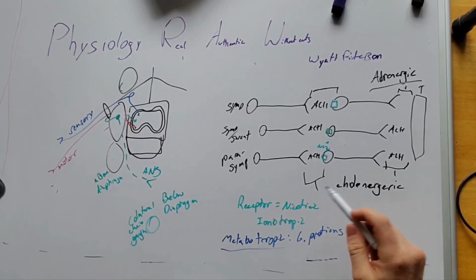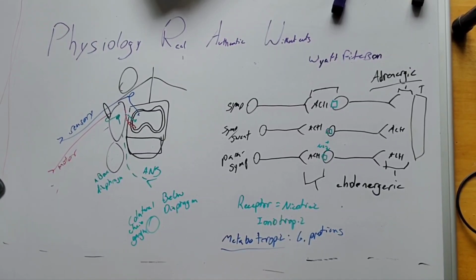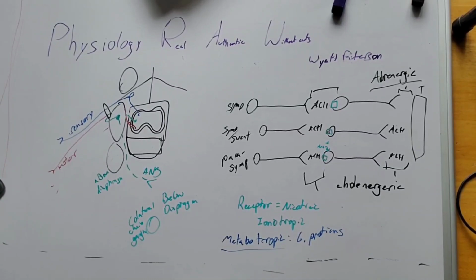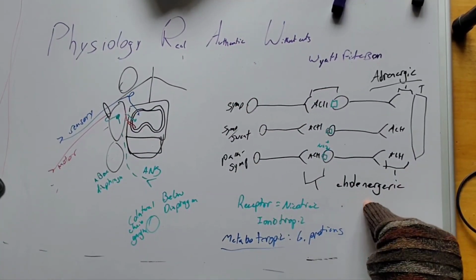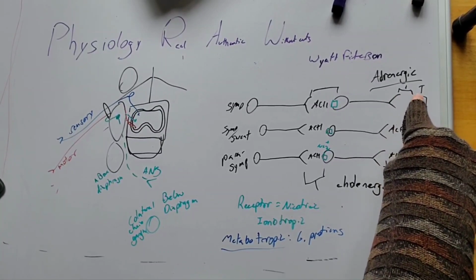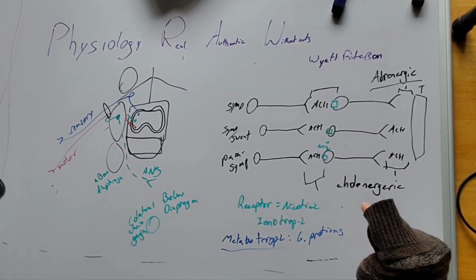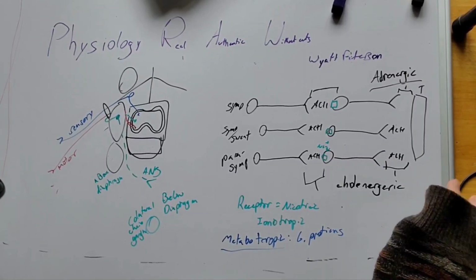Then they have a certain mechanism behind that, and that's how they continue sending the signal down. Receptors, actions. Okay, I'm going to make some more room, and then we're going to talk more about cholinergic and adrenergic receptors and what that means, the subdivisions and whatnot.